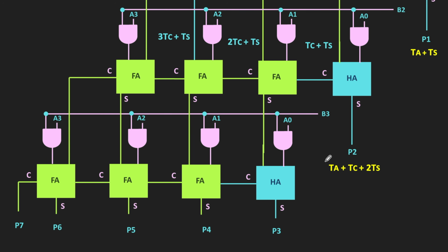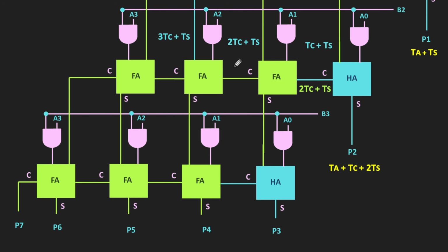That means this P2 output will be available after the delay of TA plus TC plus 2TS. Similarly, it will generate the carry output after the additional delay of TC. That means it will generate the valid carry output after the delay of 2TC plus TS. And of course, here the delay of the AND gate is not shown, but actually it will also be there.